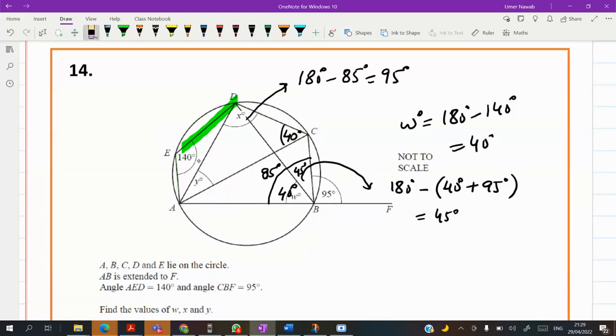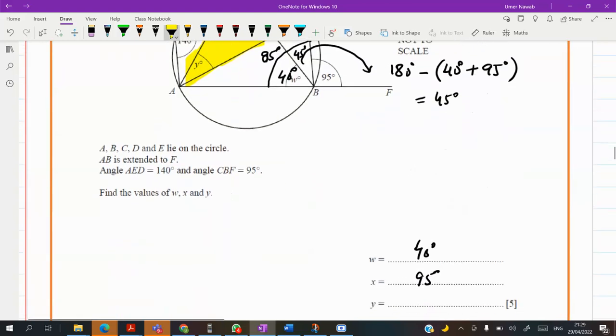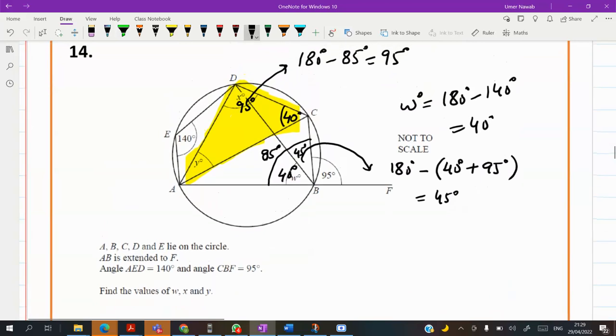Wow. Now the question is pretty simple. We know now that this angle was 95. Concentrate only in this triangle. If you know the two angles, you can find the third one. So y will be what? Your y will be 180 minus 95 plus 40.